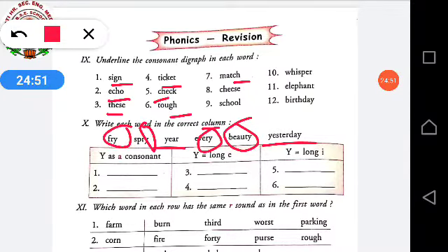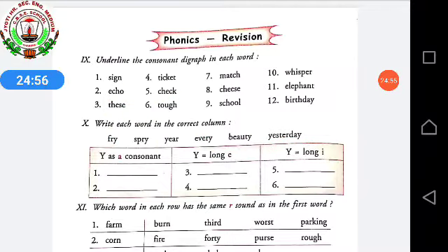Spry, I pronunciation is coming. So you have to put those over here. So Y as a consonant: yesterday and year. Long E: every, beauty, E pronunciation. Long I: fry, spry, I pronunciation.